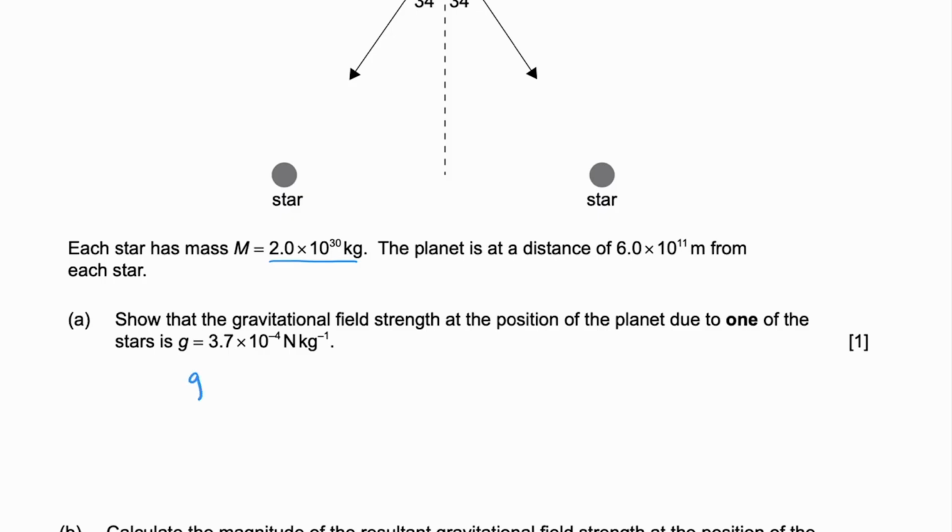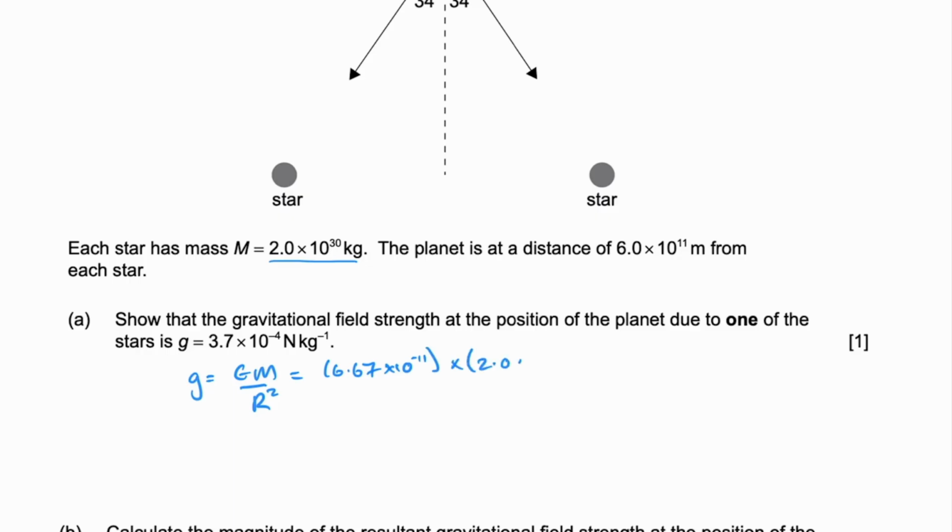So a very simple question for us. Small g, which is gravitational field strength, equals big G, which is Newton's gravitational constant, times the mass of the star, divided by the distance squared. So Newton's gravitational constant is 6.67 times 10 to the minus 11.